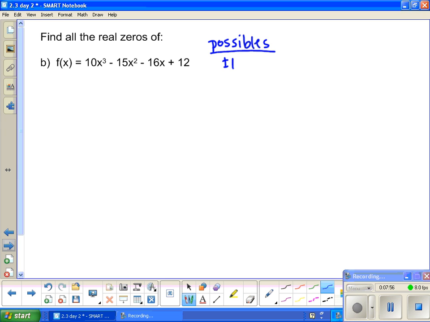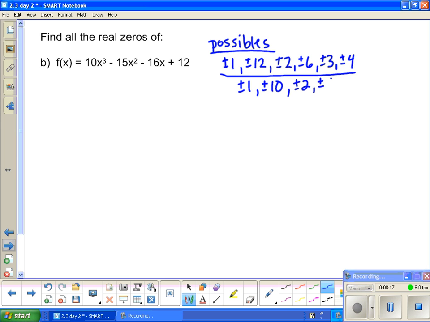Because I've got plus or minus 1 times 12, 2 times 6, 3 times 4, over plus or minus 1, 10, plus or minus 2, plus or minus 5. And if I start listing these out, I'm going to have a bunch of them. I'm going to have 1, 1/10, 1/2, 1/5, 12, 12/10, 6, 12/5, and so on.